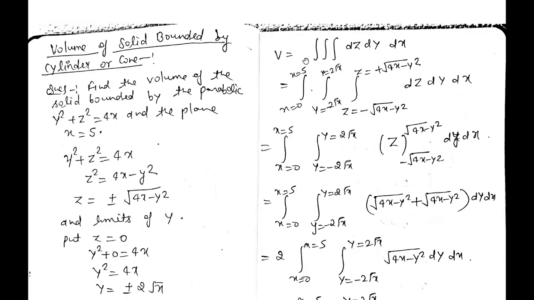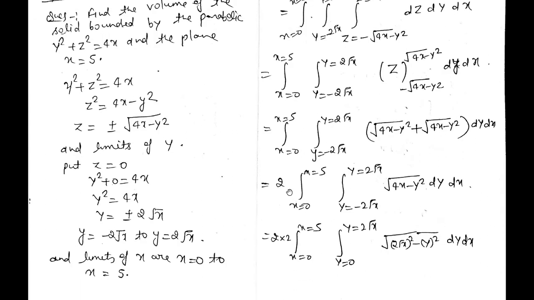Now v is equal to triple integration dz dy dx. This is our volume. So just write all these values here. And dz integration is z, so upper limit minus lower limit. So 2 times of this, so 2 is outside because it's a constant. And again integrating with respect to y, so you can write 4x as 2 root x whole square minus y square.